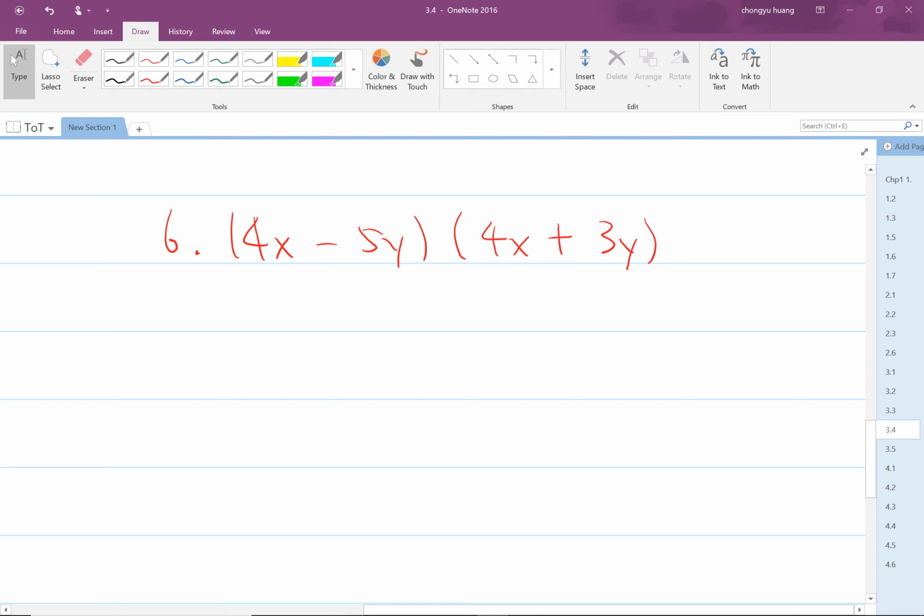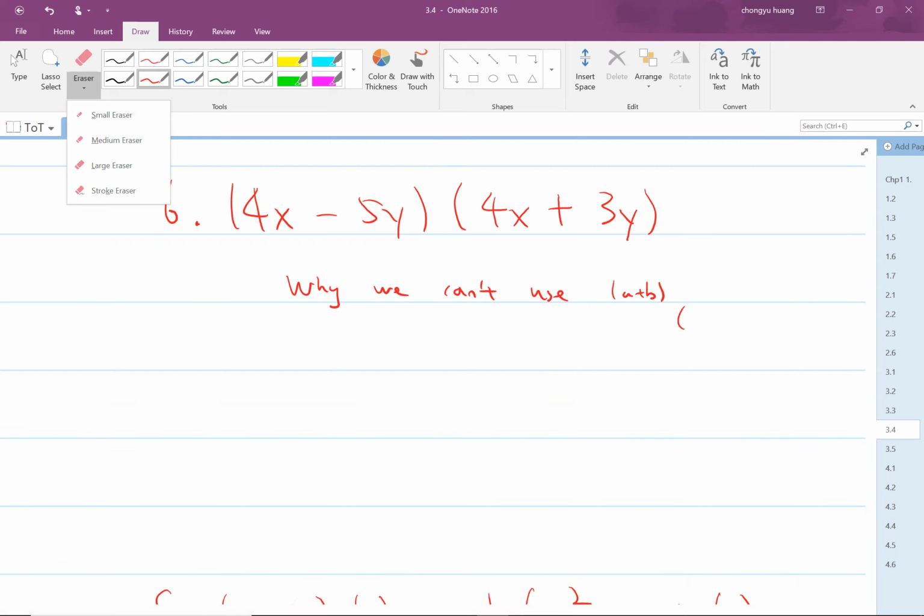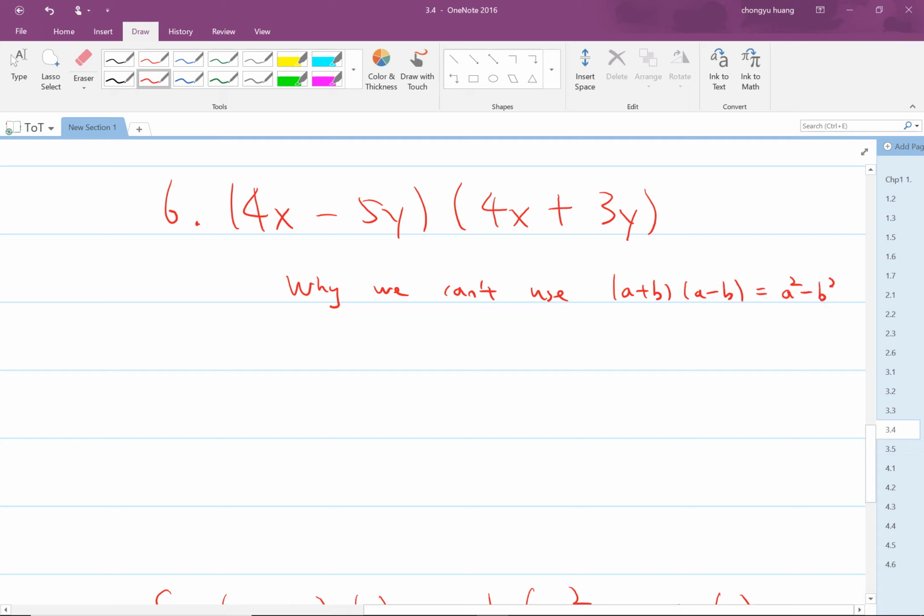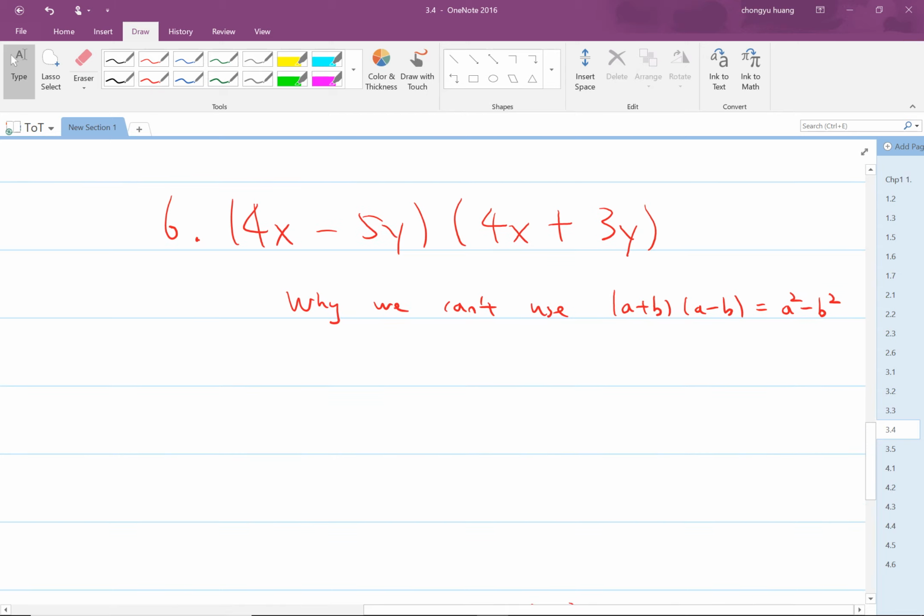So you might ask me why we can't use a plus b. Let me rewrite it a little bit more clearly. Why can't we use a plus b, a minus b is equal to a squared minus b squared, right? So maybe you want to ask me, right?